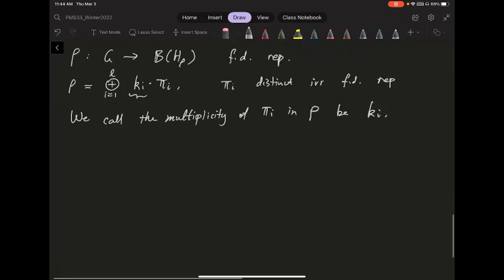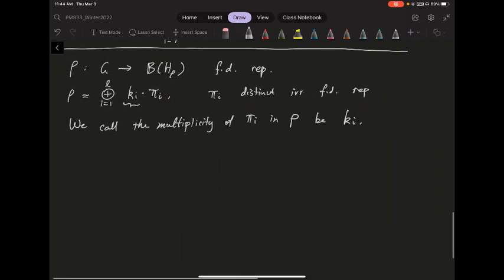So it turns out that there's a really nice way of computing the multiplicity. It's just because if you think about what happens to the character, the character of this rho, because it's written as this direct sum, is really just the summation of the corresponding characters scaled by the corresponding multiplicity.